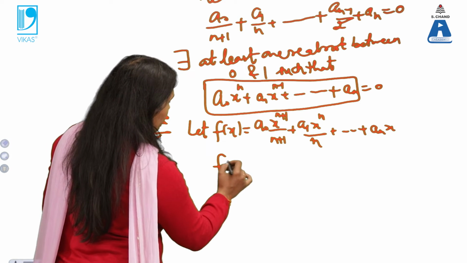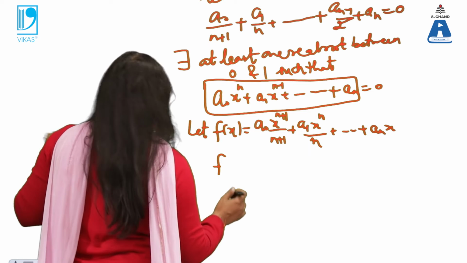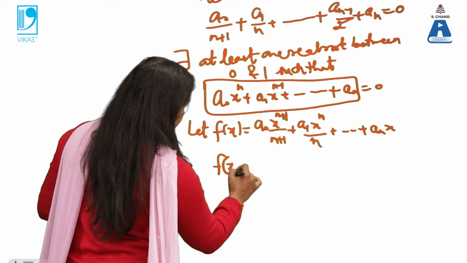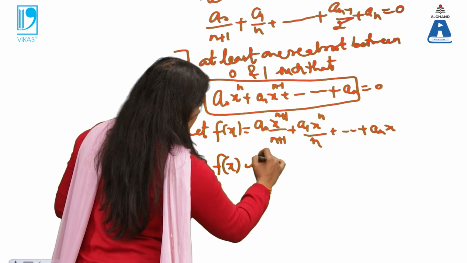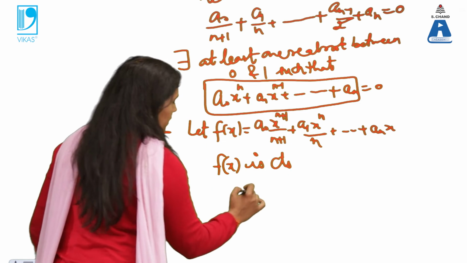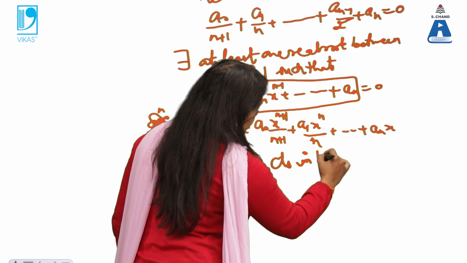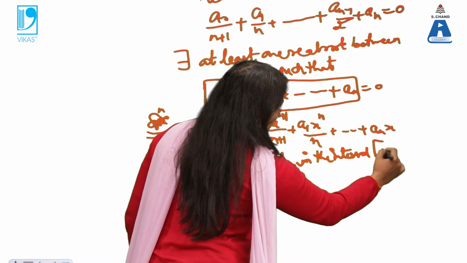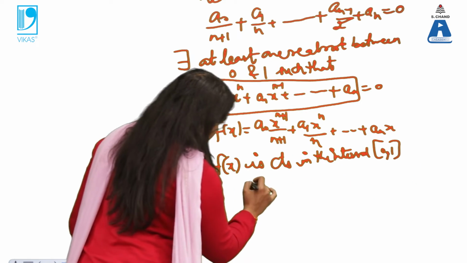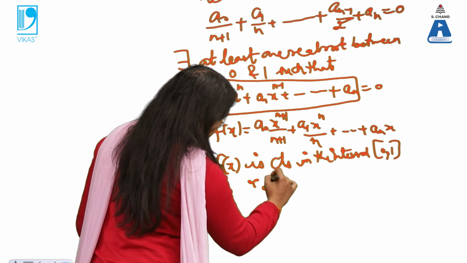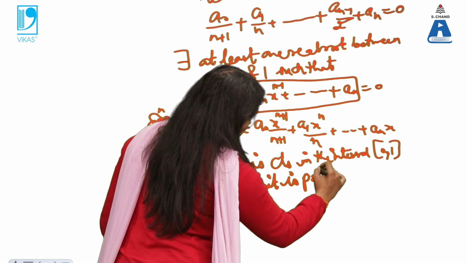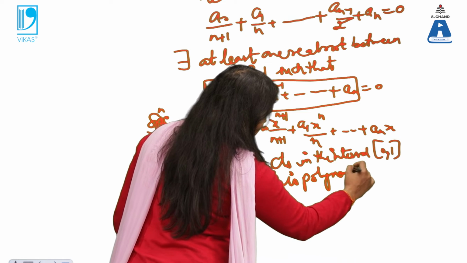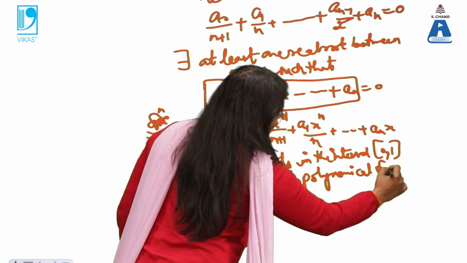Now, f we will consider in the interval. f is continuous in the interval 0 to 1 because it is a polynomial function, and every polynomial is continuous.